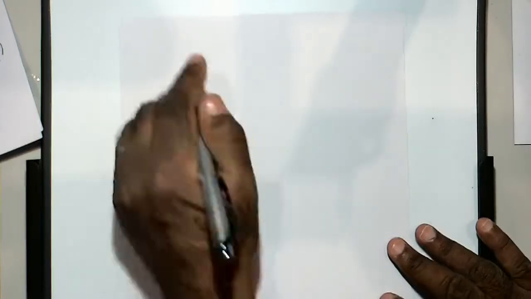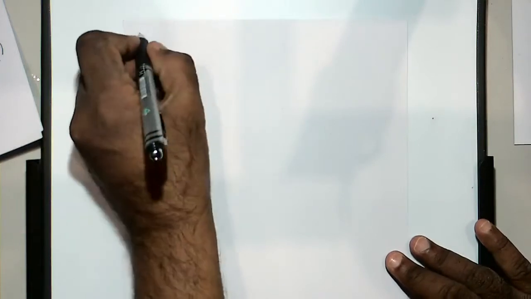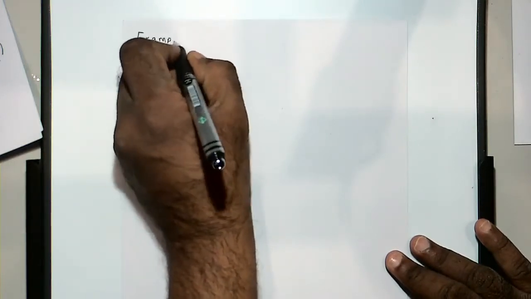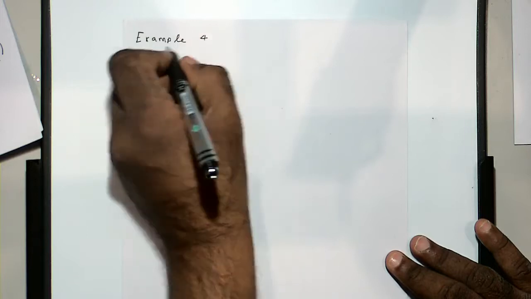All right. I will scan everything I write down and put it on the course website after the class, so don't worry if you miss some details. Okay, now the next example is a related example. Example number 4.